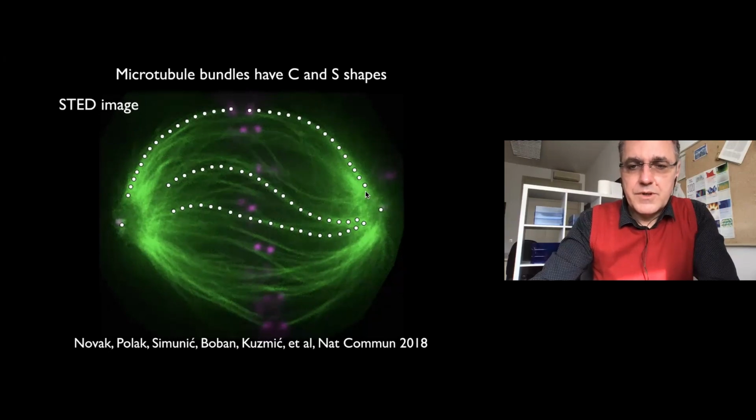Here, for C shape, we need this clockwise rotational force, whereas here, in the case of S shape, we need counterclockwise rotational forces. And it's unclear how in a single spindle counterclockwise and clockwise rotational forces could be present mutually.